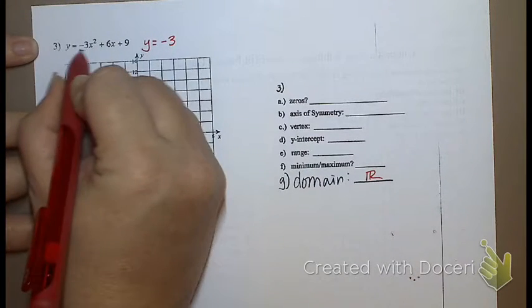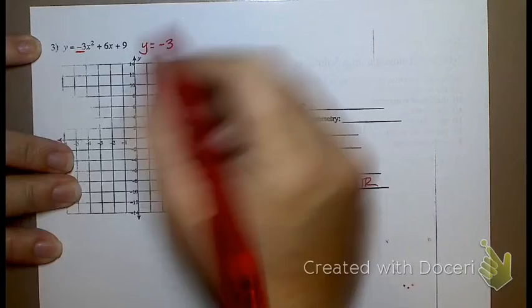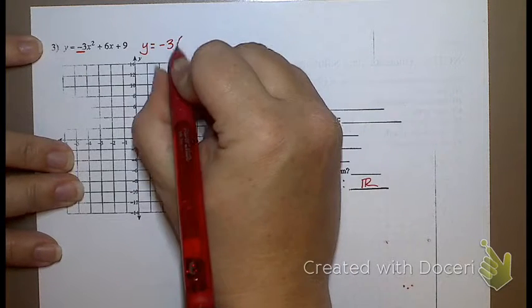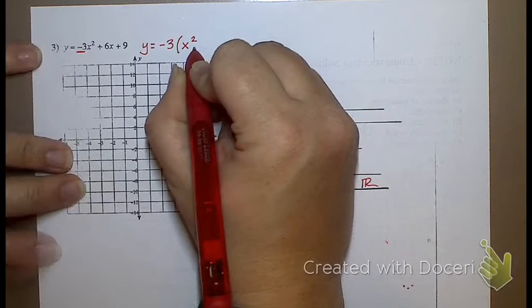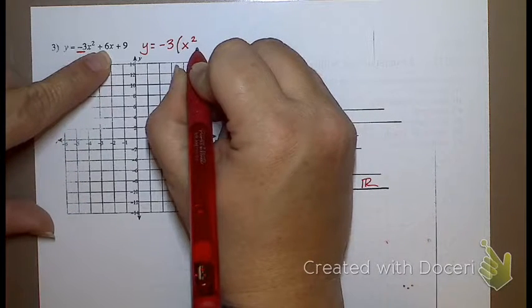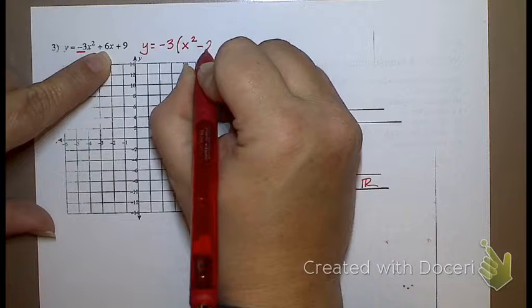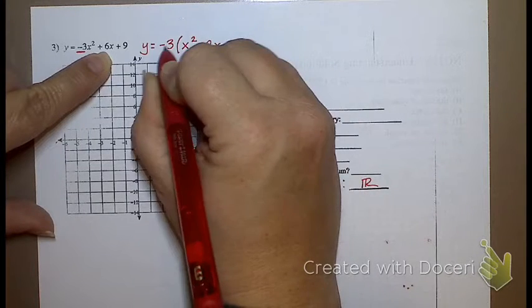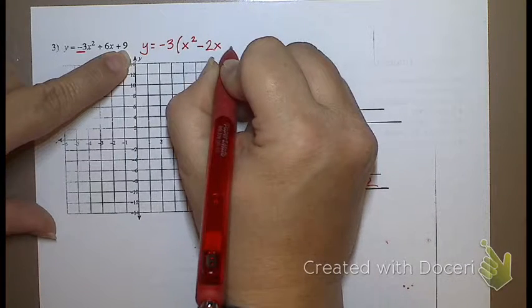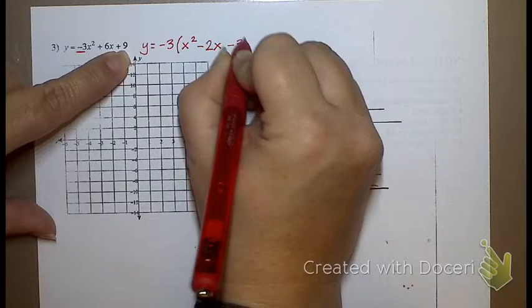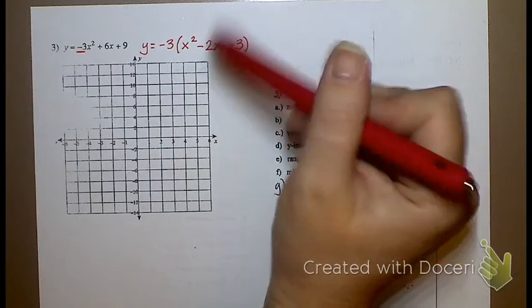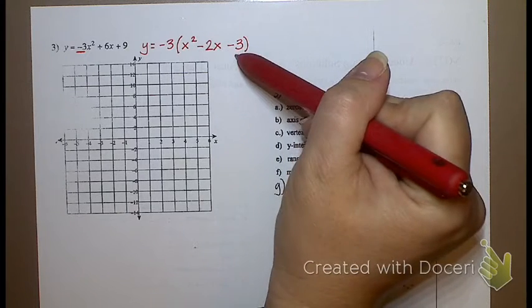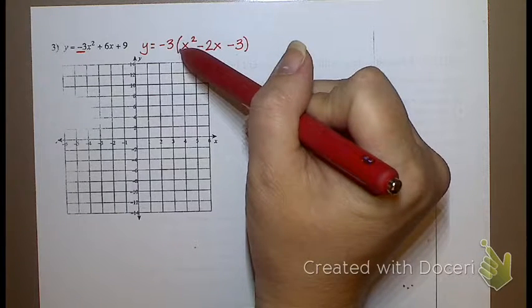Because this A value is negative, you want to factor out a negative. So if I take out a negative 3, that leaves me with x squared, and then what? Negative 3 times what gives me positive 6? Negative 2x. And then negative 3 times what gives me positive 9? Negative 3. It's a little trickier to take out, but you can't factor if your A value is negative.